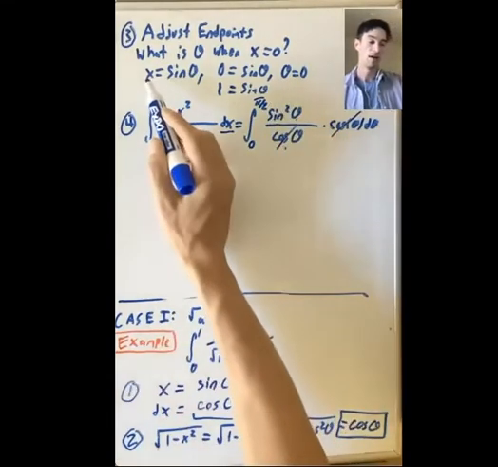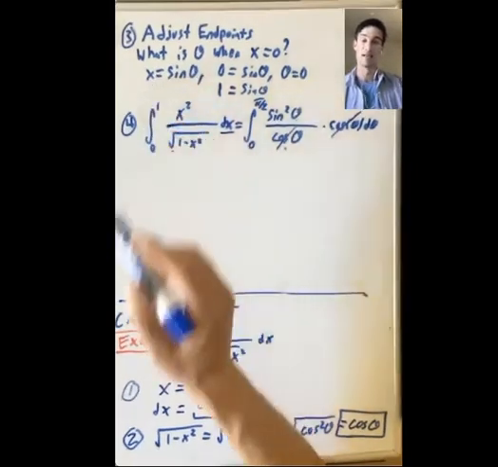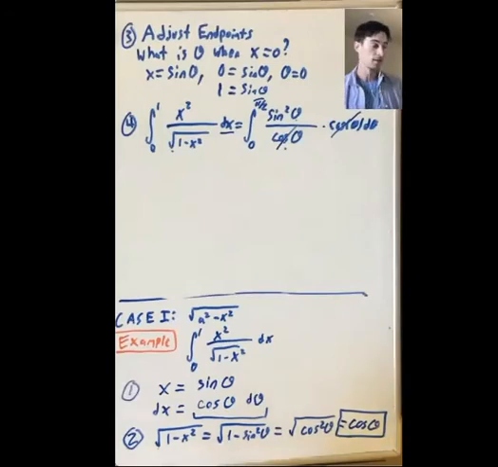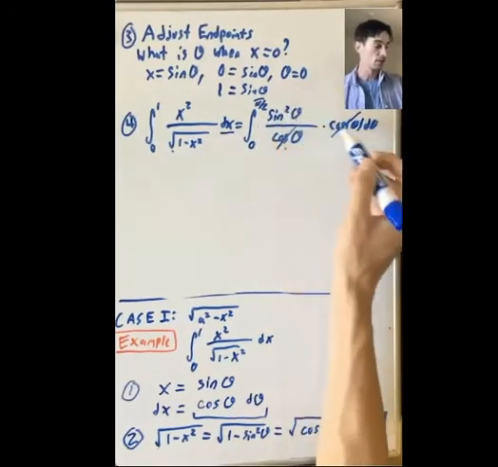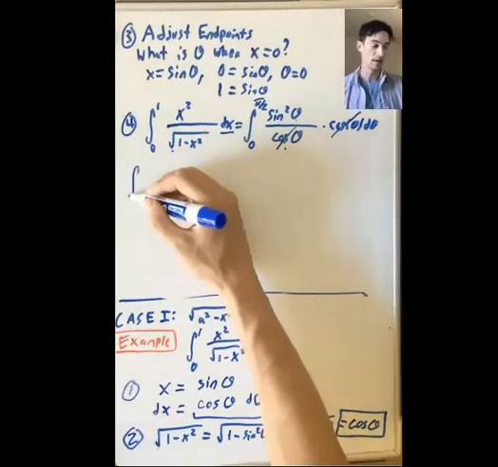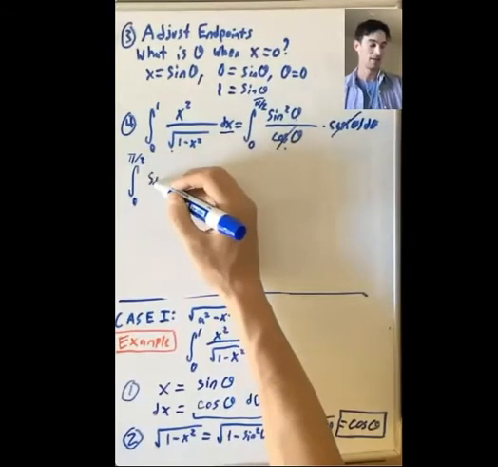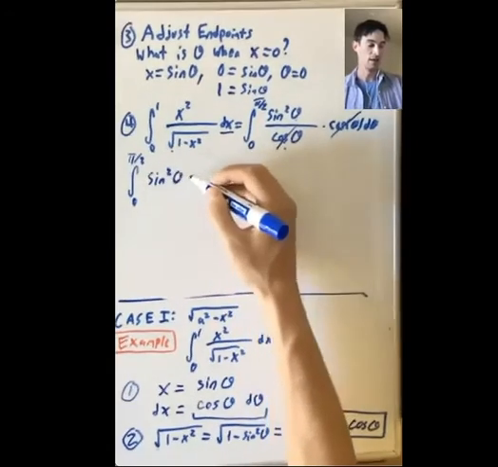So remember, if x is equal to sine theta, then theta in terms of x is arcsine of x. So we have an integral from 0 to pi over 2 of sine squared theta d theta. So I'll just rewrite that to make this as simple as possible, sine squared theta d theta.